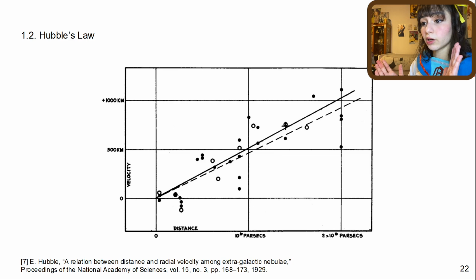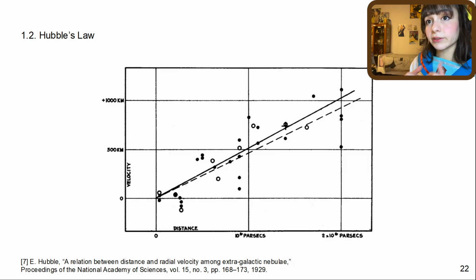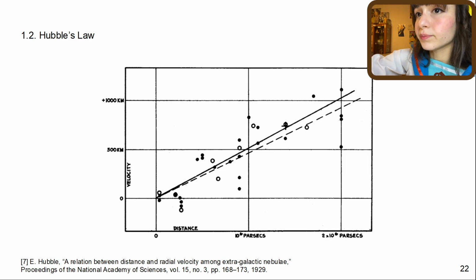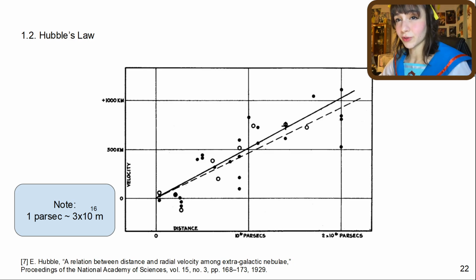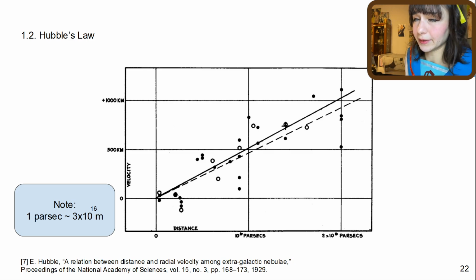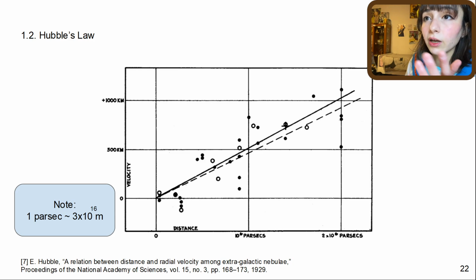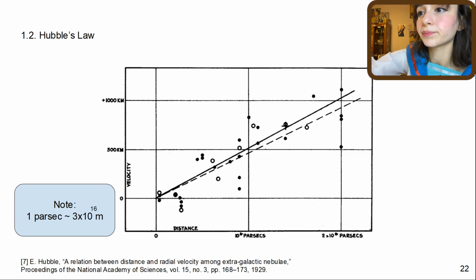So he had these two data points, and he just plotted everything. And just as a side note, this is the conversion from parsec, which is a unit of distance in astrophysics, to just meters. And this is the original paper by Hubble, where he found a linear trend between the velocity and the distance at which these stars were found.